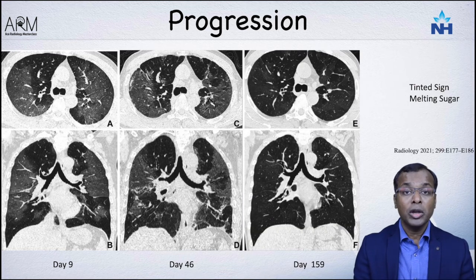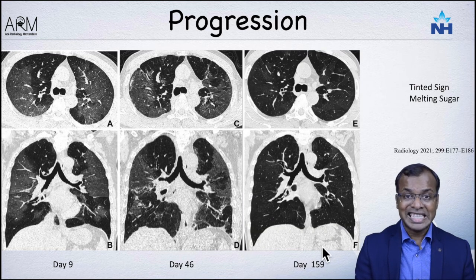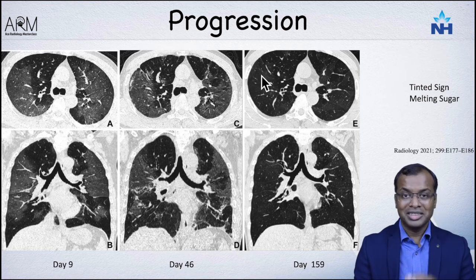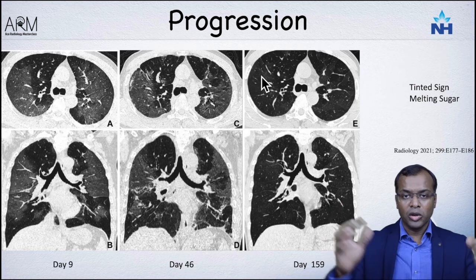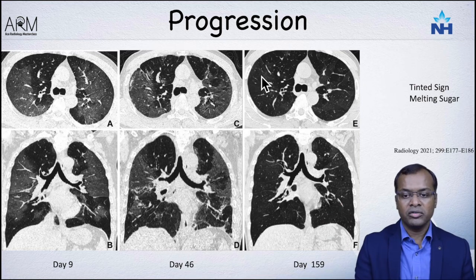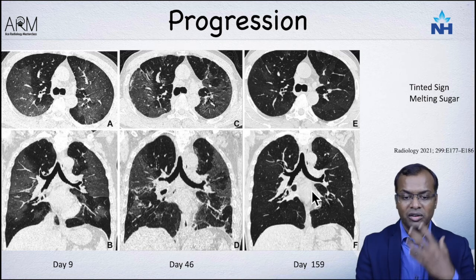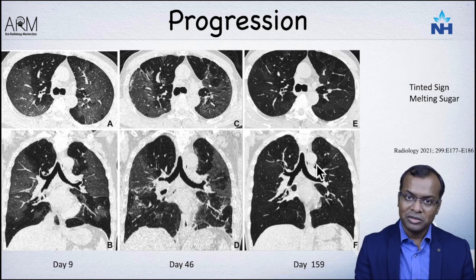If you do follow up, this is day 159, okay, nearing towards the 6 months interval. What you're seeing is that the ground glass has gone down, the density has gone down, but the degree of involvement, the extent of involvement, has expanded. You can see there is a larger area of expansion with this ground glass.